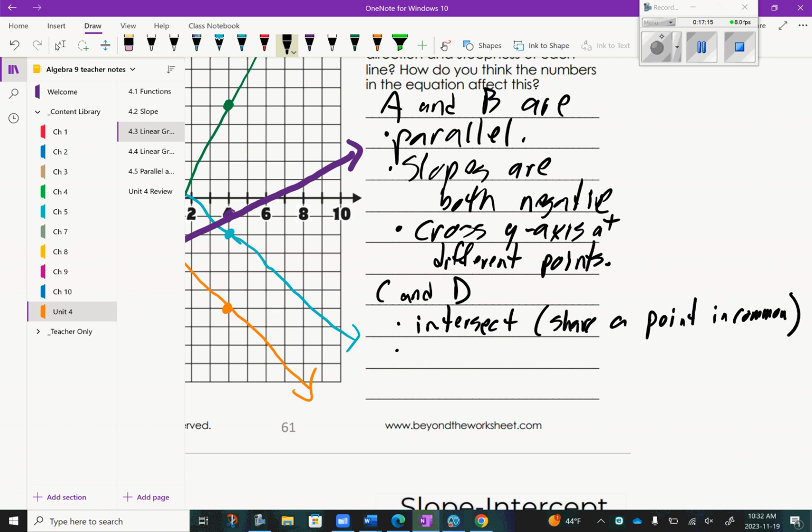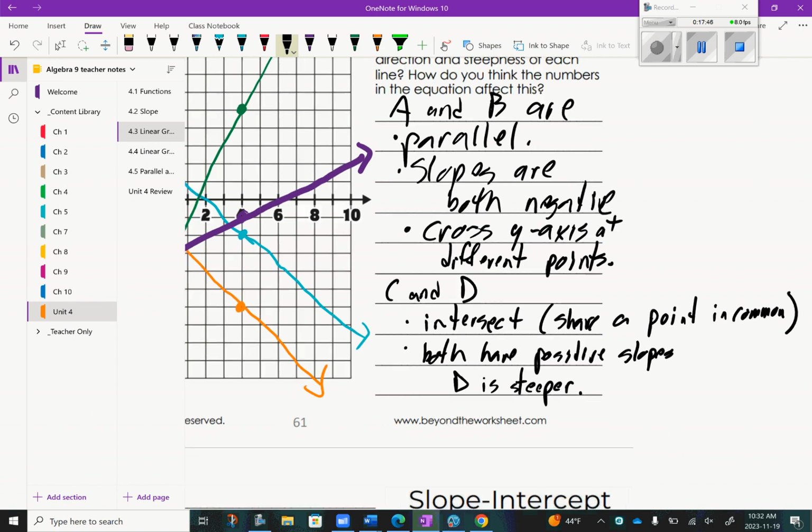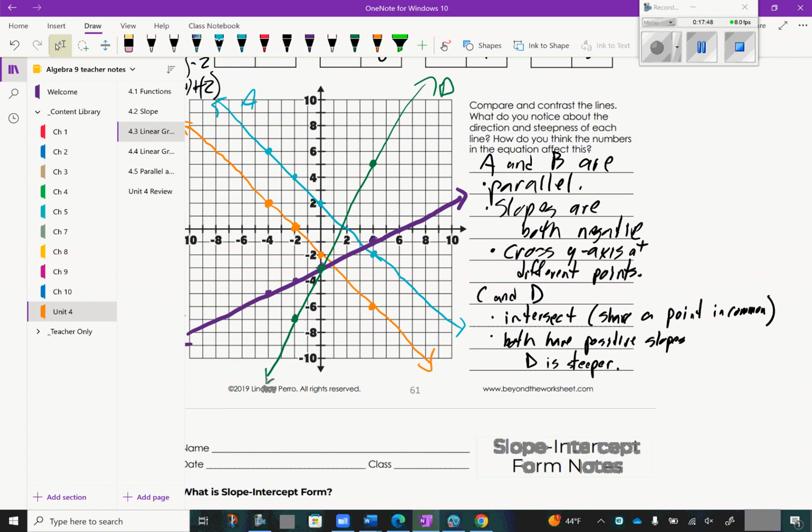These both have positive slopes. We could say that for the green one, D, has a slope that's much steeper.